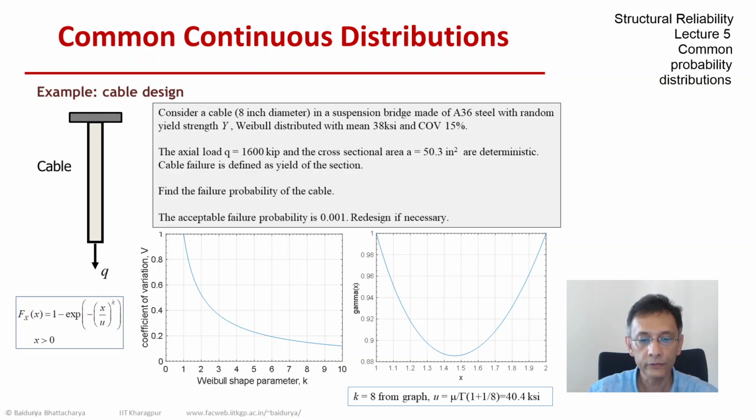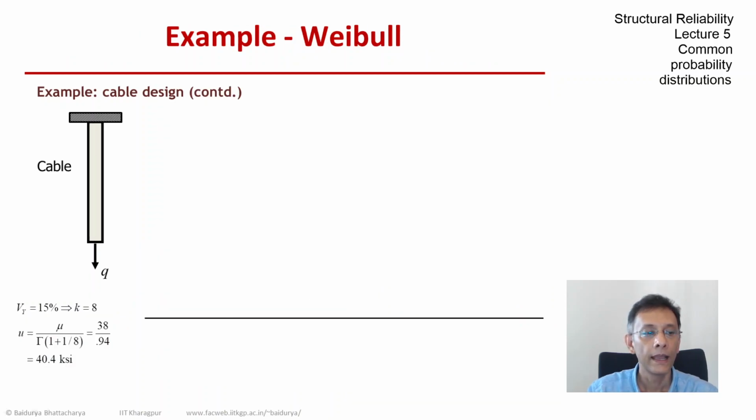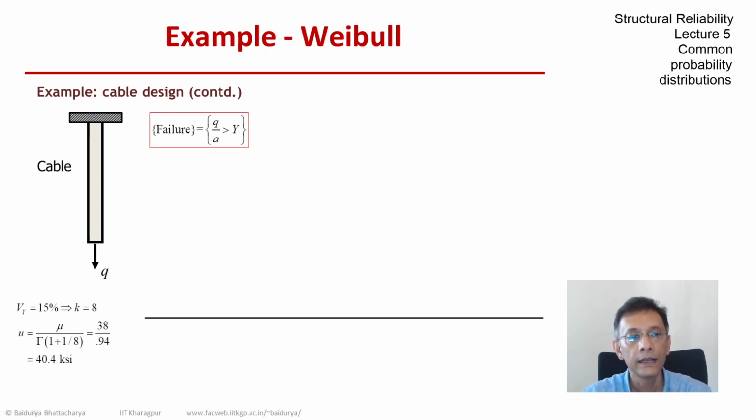So with this information, we are first going to find the failure probability of the cable. We need to be able to define failure then, and since failure is yield of the section, the force divided by the cross-section area is the stress.